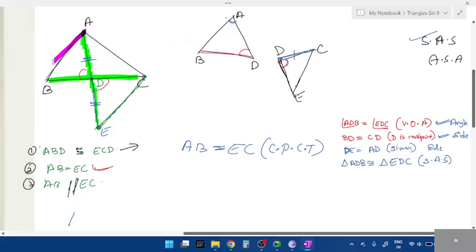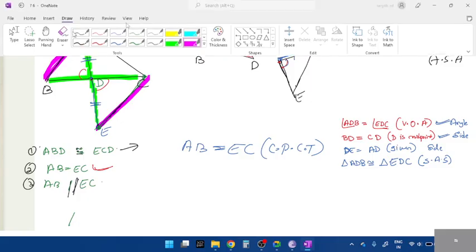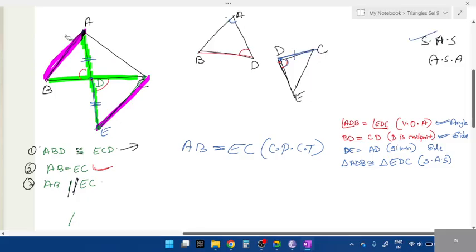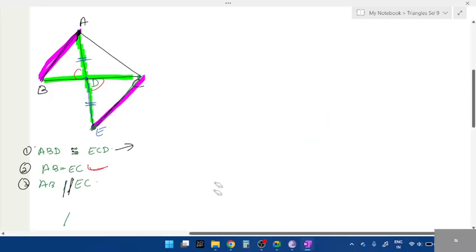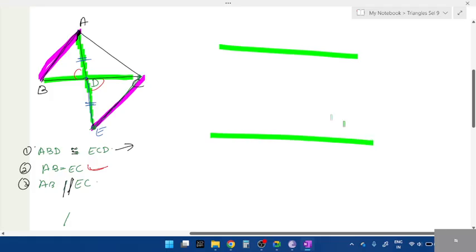AB should be parallel to EC. Parallel line is a separate concept. I'll teach you what is parallel line. What do you all mean by parallel line, students?